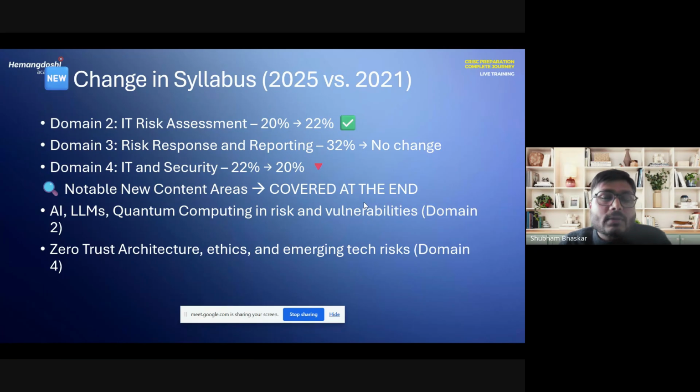So why am I telling you this? Because it will all be covered at the end. Domains 1 to 4, we are going to study as they are, and whatever syllabus change has been there, we will cover it specifically so you are aware that we are only studying what is the syllabus change here, and that's it, right?